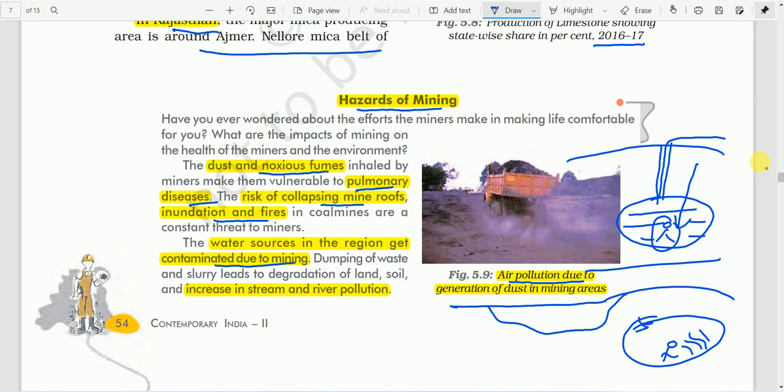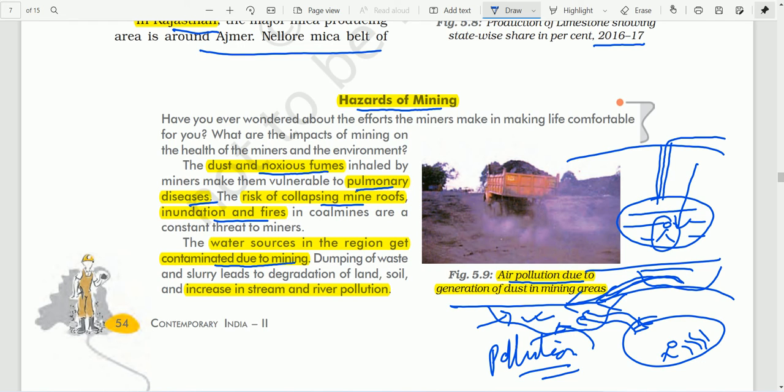Unwanted chemicals may infiltrate towards this water body and contaminate it. Or if the mining activity is done on the surface, the waste products may flow down to the water body, thus leading to the pollution of the water bodies, that is contamination.